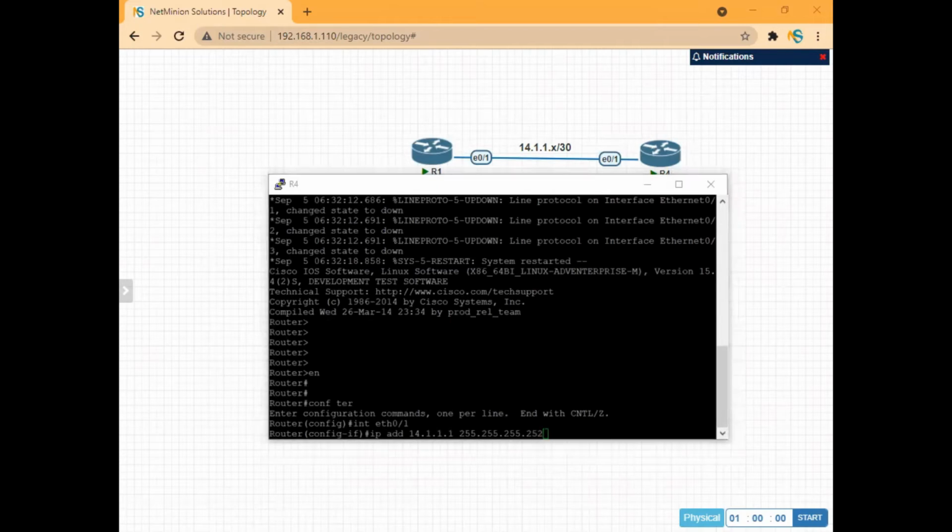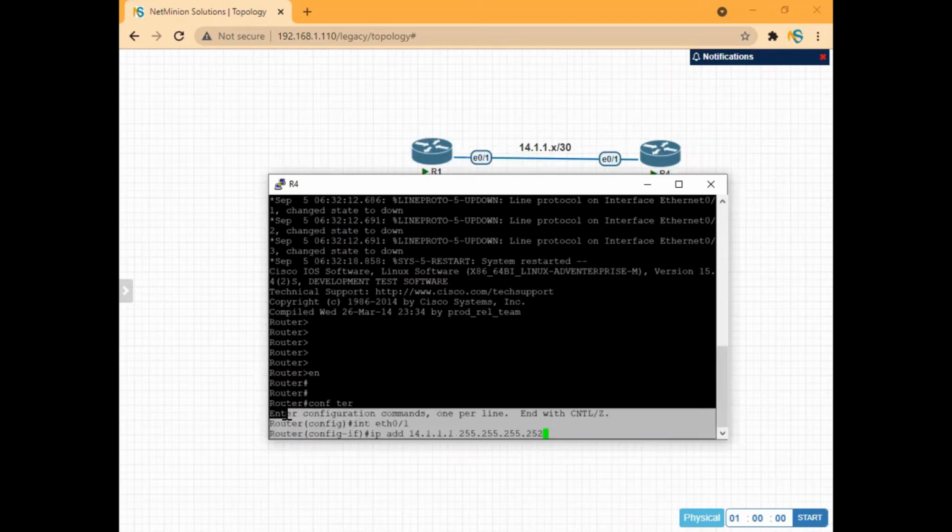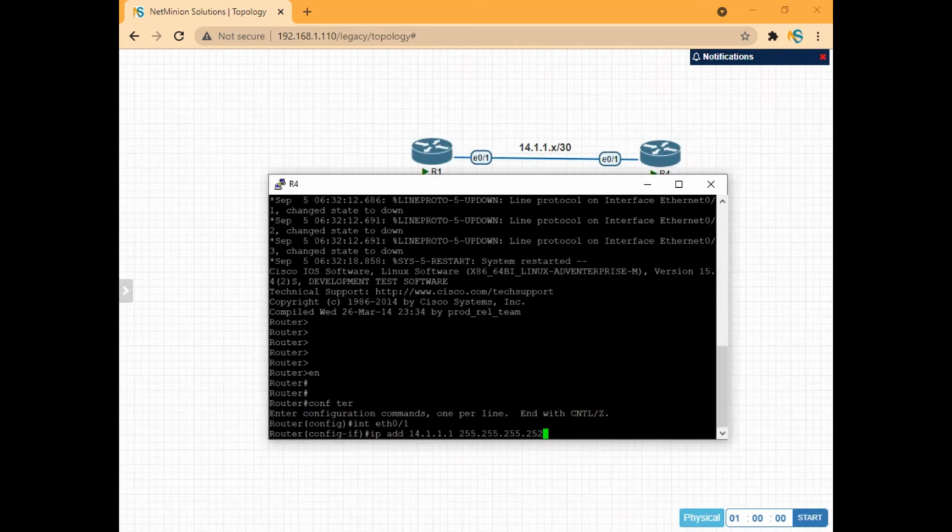Sorry, what was the question, sir? The question is, if on R4 I put the same IP address which R1's interface has, how will this router come to know that it is a duplicate IP address on the same link? Hello packets. Which kind of hello packet?